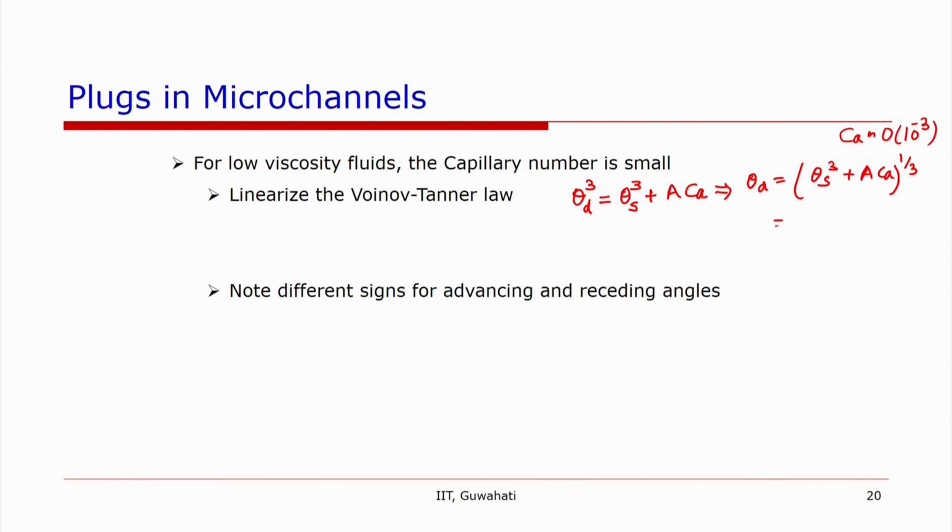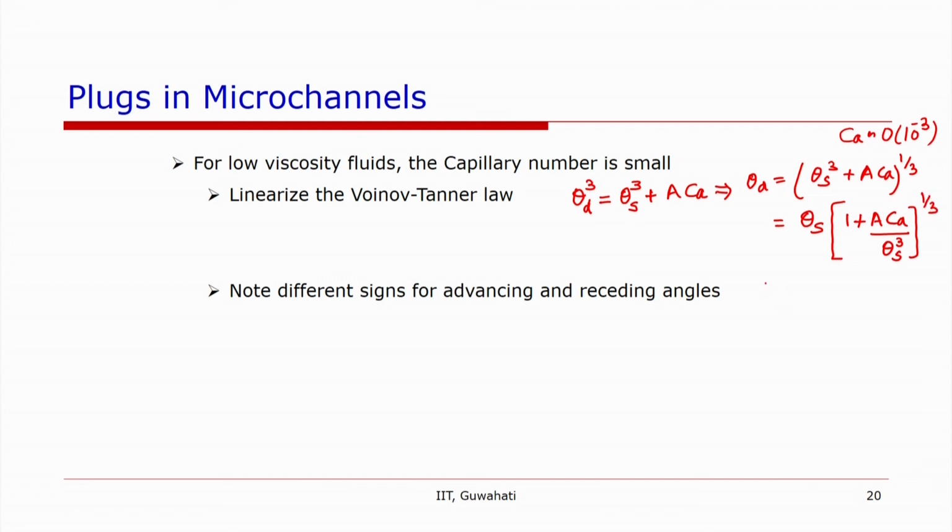Then we can write this as theta s into (1 plus A Ca over theta s cubed) raised to the power 1 by 3.